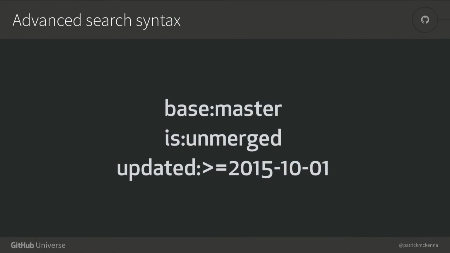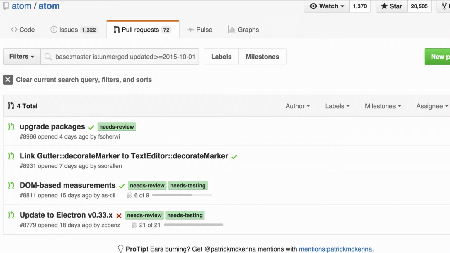But yeah, the ISO standards are one easy one. So yeah, this would be every pull request that's not merged, that's going to be going into master and updated since yesterday. You can also do date ranges and a number of other things. So this is an example of what that looks like as of yesterday in the Atom repository.